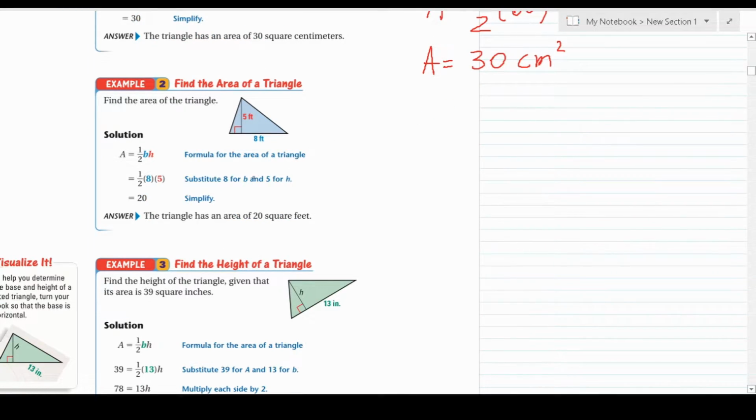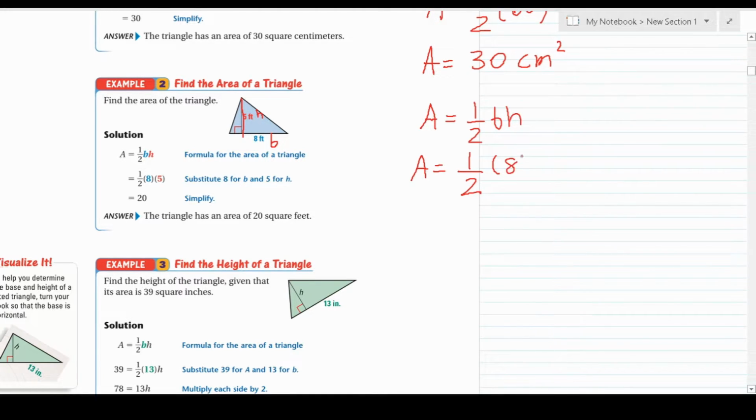All right, let's do another one. Of course, this is a triangle in which the height is inside the triangle, so we know it's an acute triangle. That said, we still use the same formula. Area equals 1/2 base times height. Again, we know that this is going to be our height, and this is going to be our base. So let's go ahead and plug that into the formula. Again, that's 1/2.